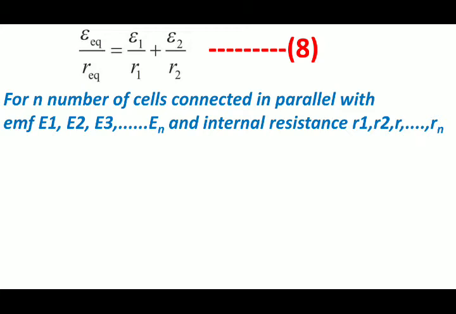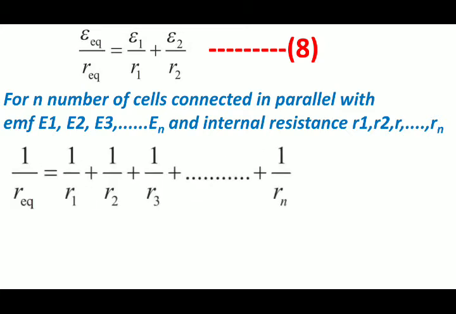The internal resistance will be R1 across cell 1, R2 across cell 2, and Rn across cell n. So finally we can say that 1 upon R is nothing but 1 upon R1 plus 1 upon R2 plus 1 upon R3 and so on, plus 1 upon Rn. So this will be the internal resistance when we have connected cells in parallel combination.